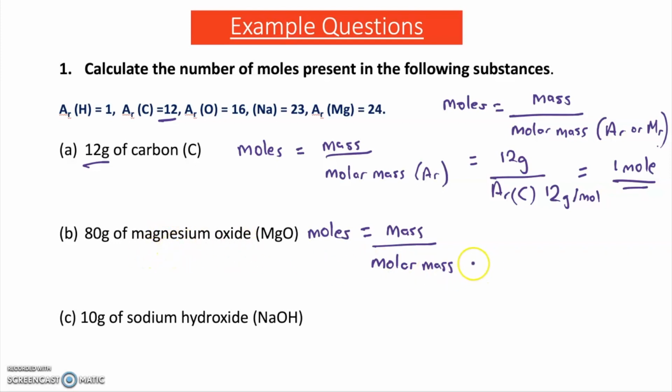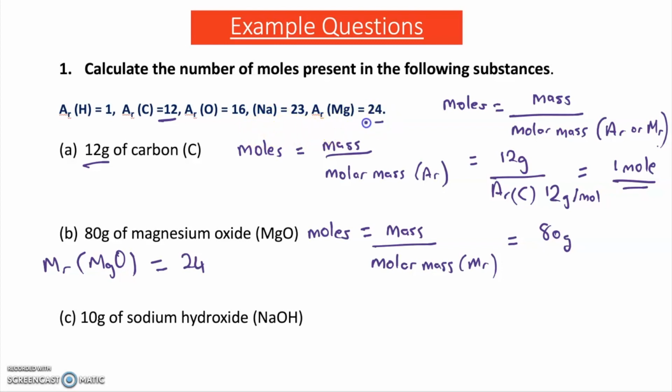So the MR value of magnesium oxide is equal to the sum of the AR values of the atoms present. So magnesium has an AR value here equal to 24, and oxygen has an AR value equal to 16.